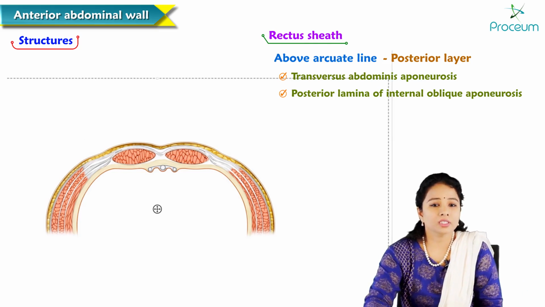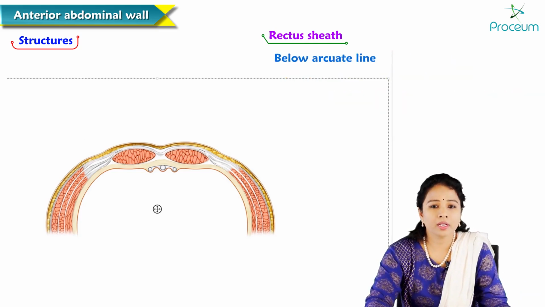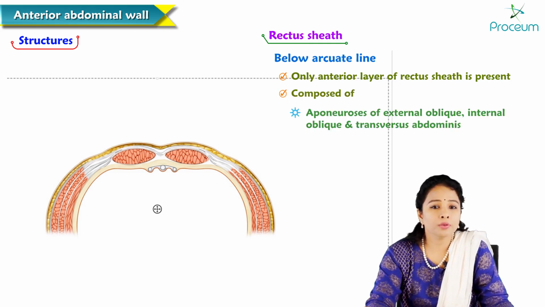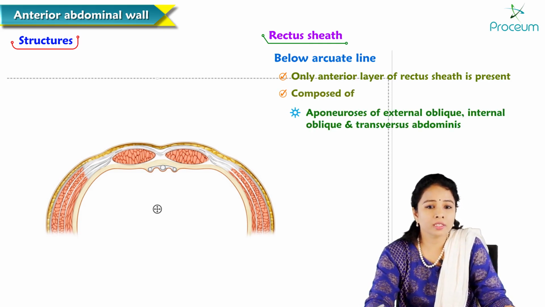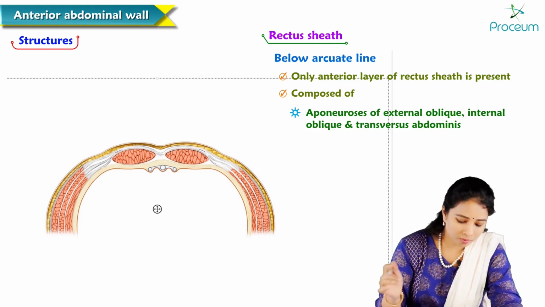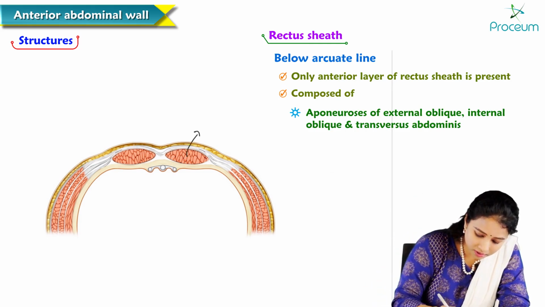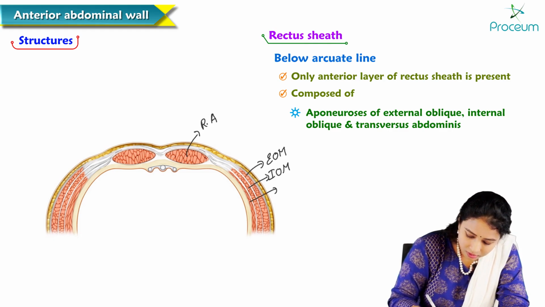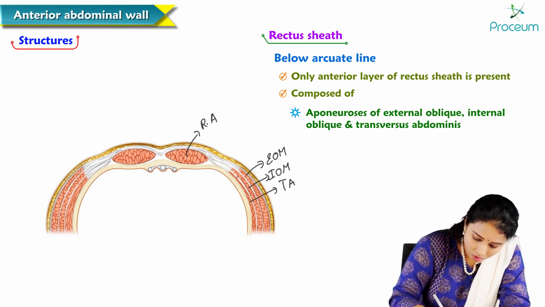If a transverse section is taken below the arcuate line, only the anterior layer of the rectus sheath is present, which is composed of the aponeuroses of the external oblique, internal oblique and transversus abdominis. So here is the rectus abdominis muscle, and we can see the external oblique, internal oblique and transversus abdominis muscles.